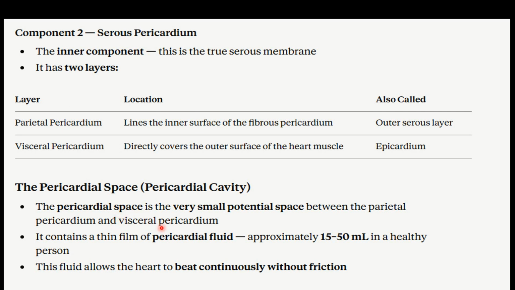The pericardial space is a very small potential space between the parietal pericardium and visceral pericardium. It contains a film of pericardial fluid, approximately 10 to 50 ml in a healthy person, and this fluid allows the heart to beat continuously without friction. So mainly the fluid is used for preventing friction.